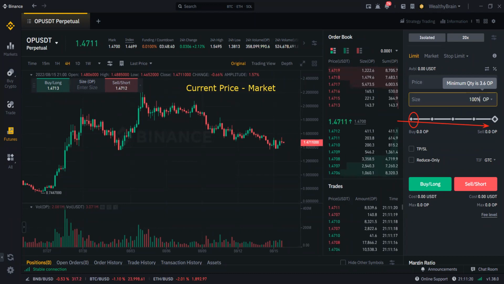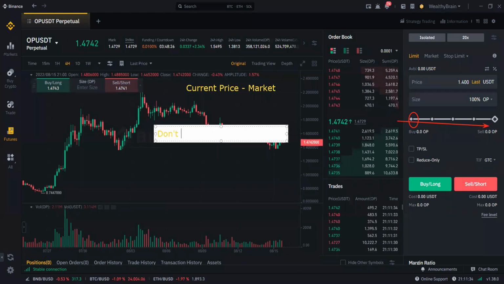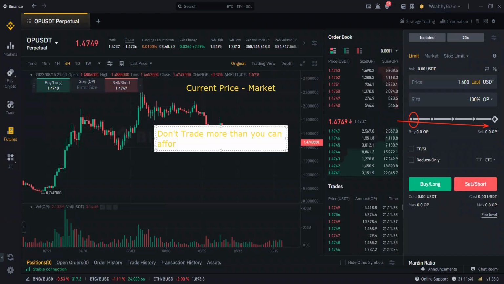And in trading, don't trade more than you can afford to lose. I believe Mr. Mark has been making that as a point to us all through. As far as you know you are not ready to lose that money, don't trade.